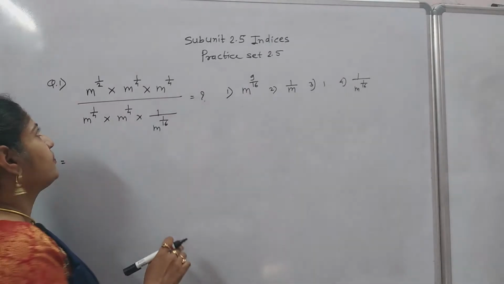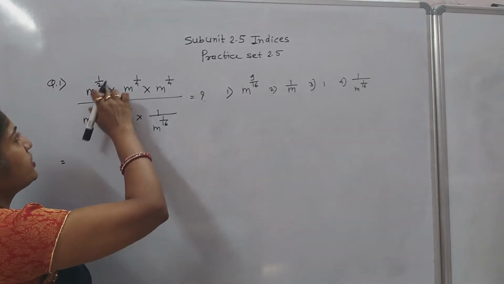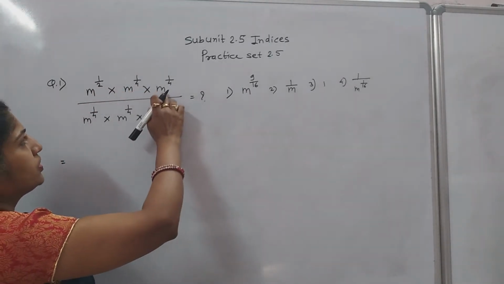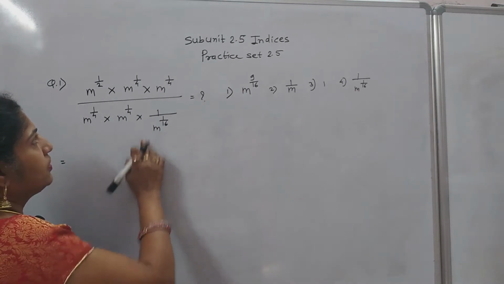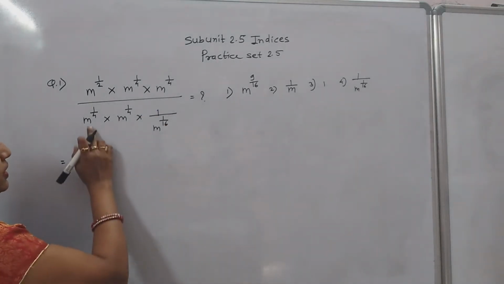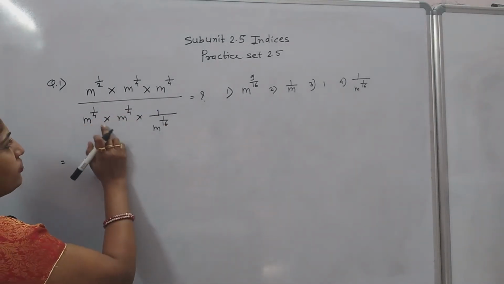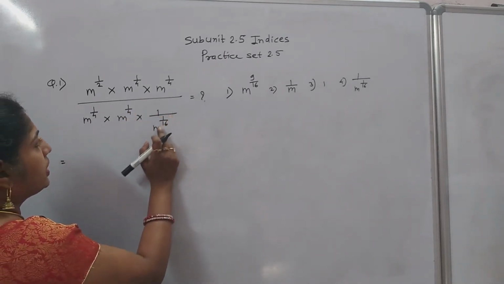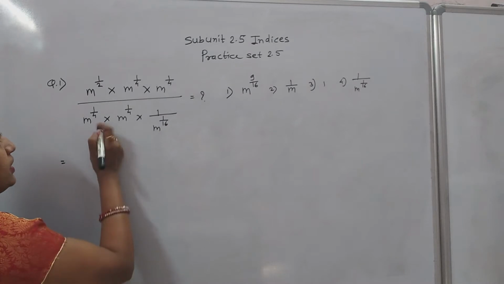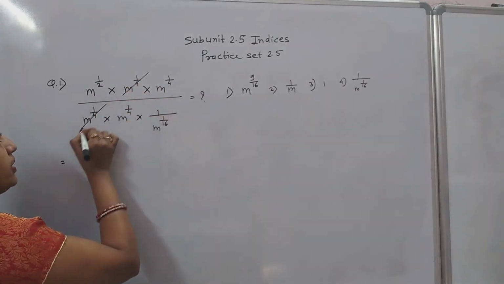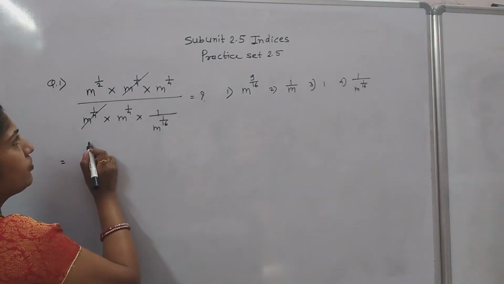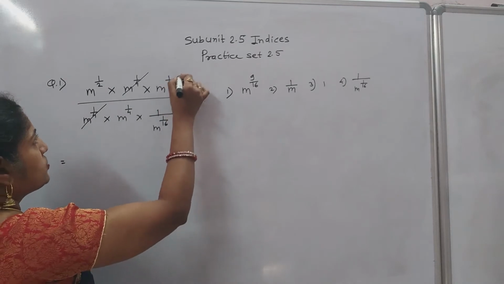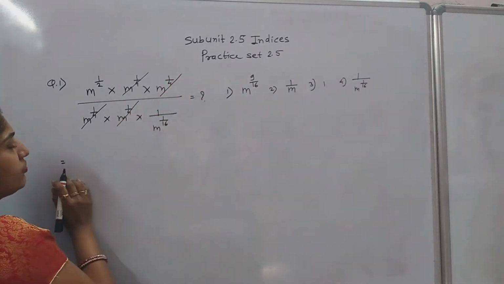Now, first example. m raised to 1 half, m raised to 1 upon 4 into m raised to 1 upon 4, divided by m raised to 1 by 4 into m raised to 1 by 4 into 1 upon m raised to 1 upon 16. Now, in numerator and denominator, m raised to 1 upon 4 are equal.